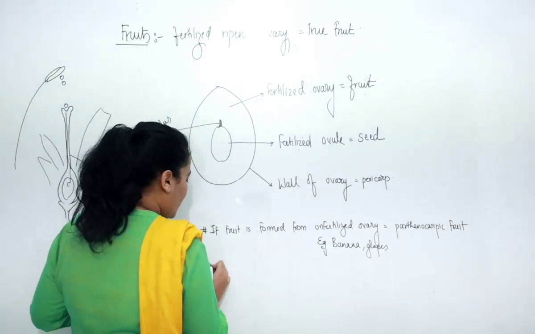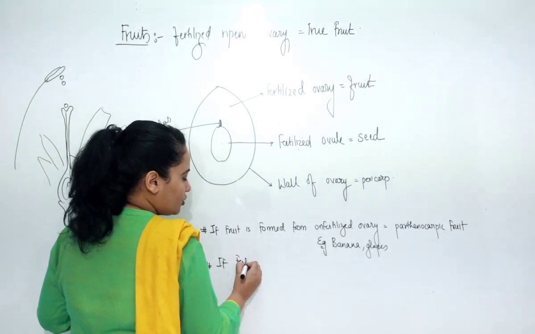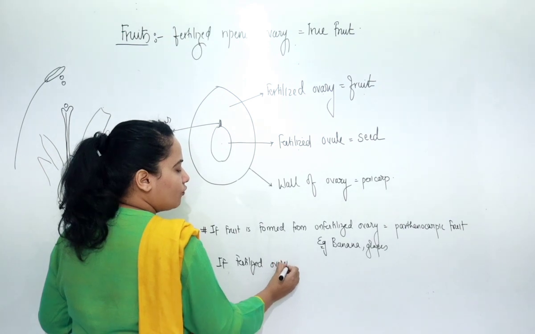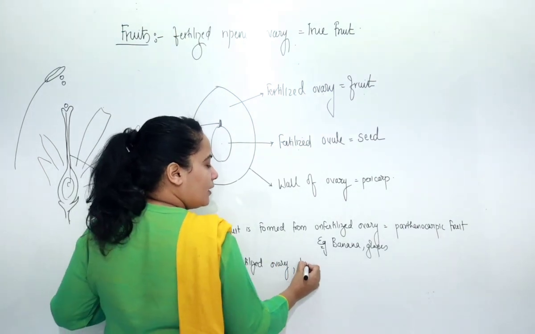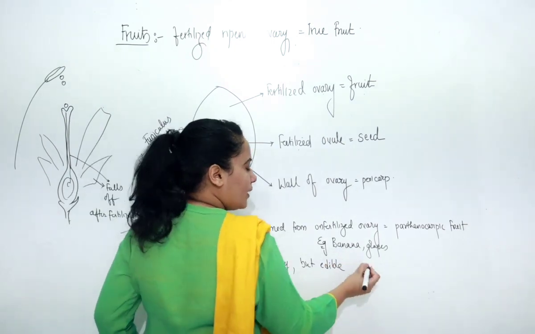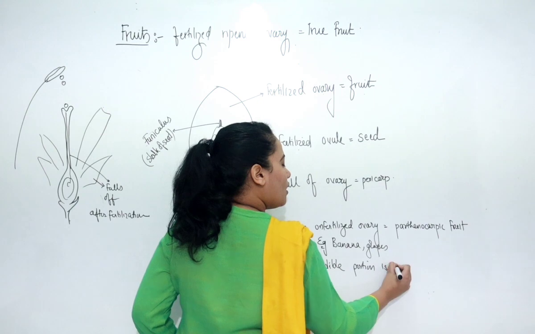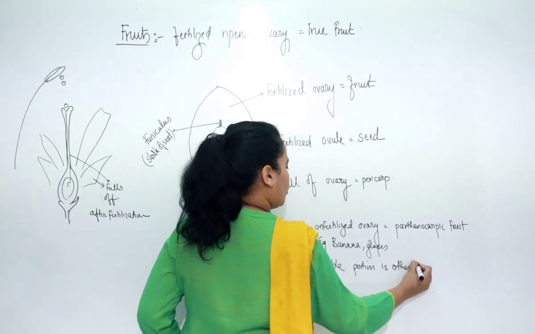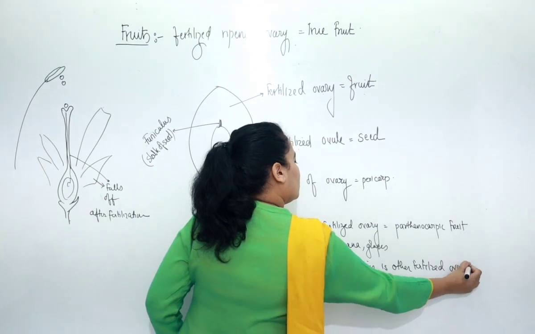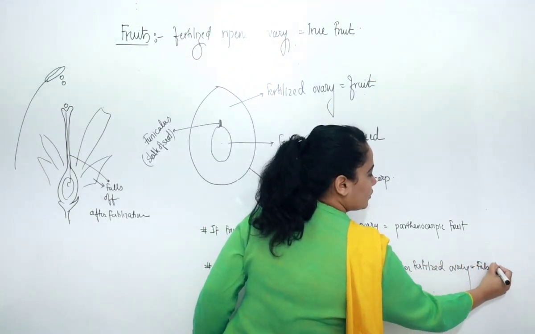Okay. So next point is, it can be a fertilized ovary, right? It can have a fertilized ovary, but the edible portion, मतलब जो portion हम खाते हैं, if the edible portion is other than fertilized ovary, then it is known as false fruit.